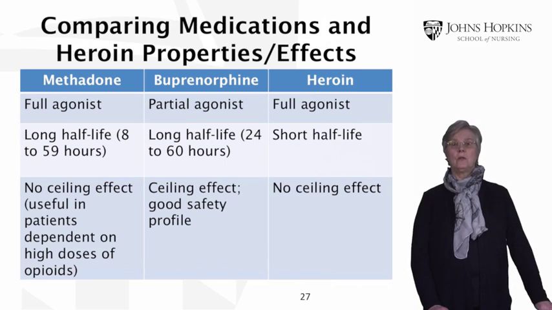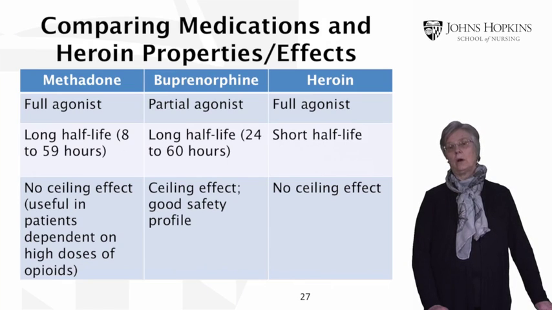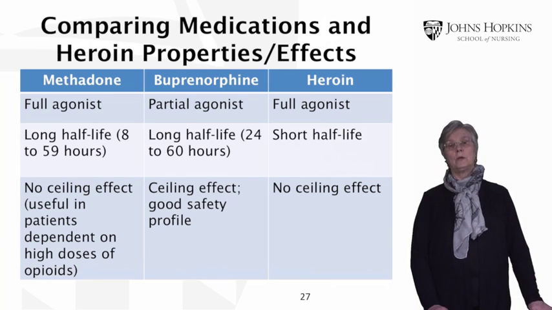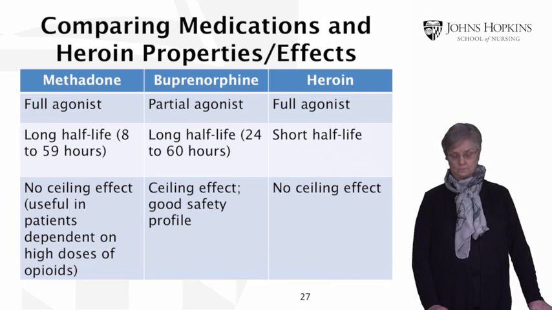Heroin is a full agonist. It has a short half-life, and it has no ceiling effect. That accounts for the high rates of overdose that we've seen recently with heroin, and even more so when heroin is mixed with other opioids such as fentanyl.